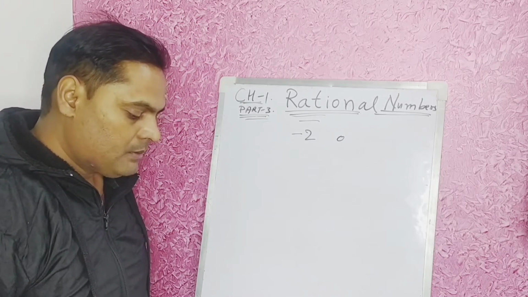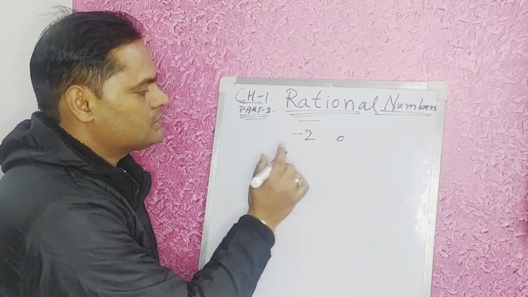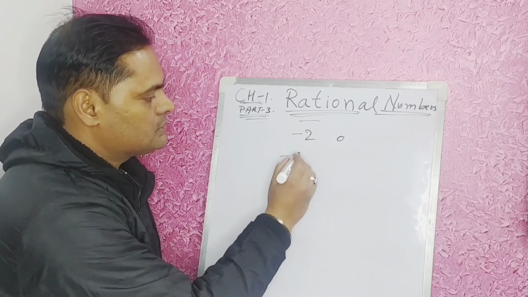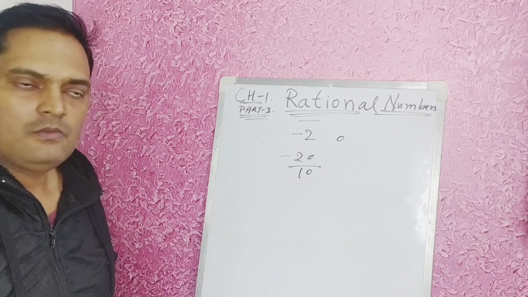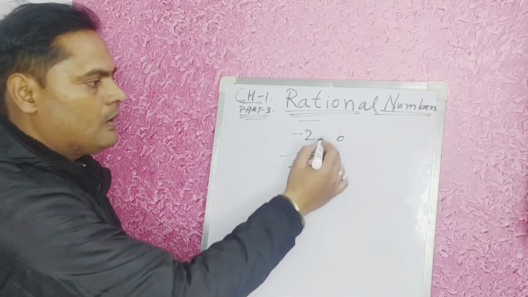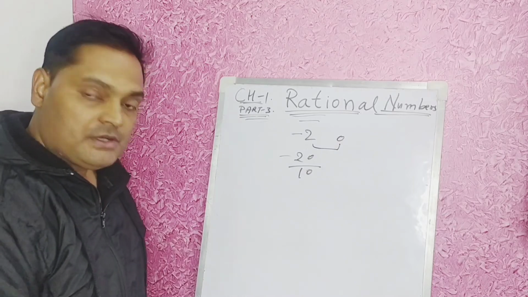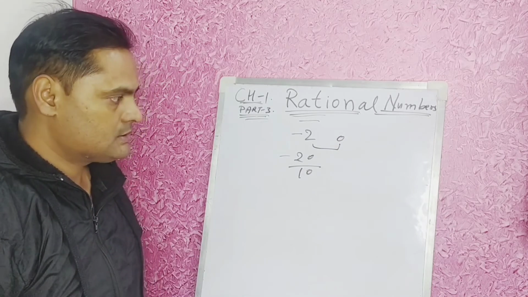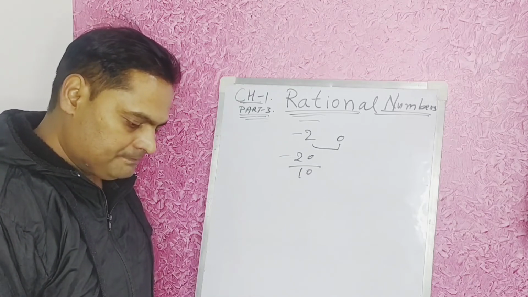So let's see, -2 can be written like this. Why are we writing it like this? To make it easy to find the 3 rational numbers in between these 2 numbers.